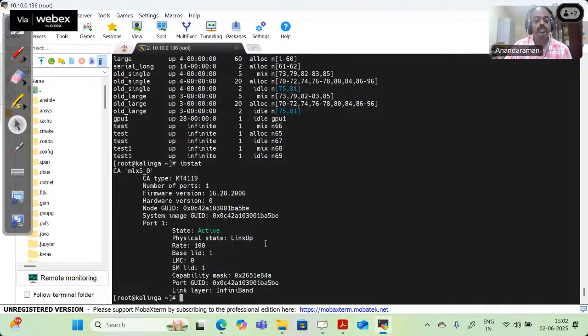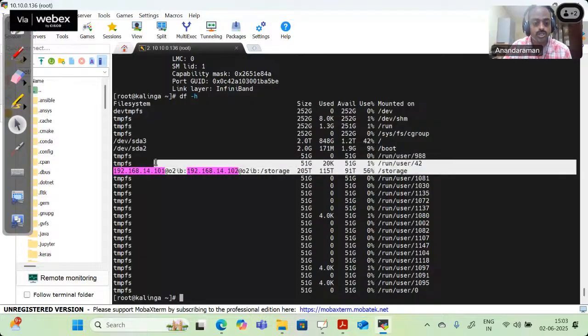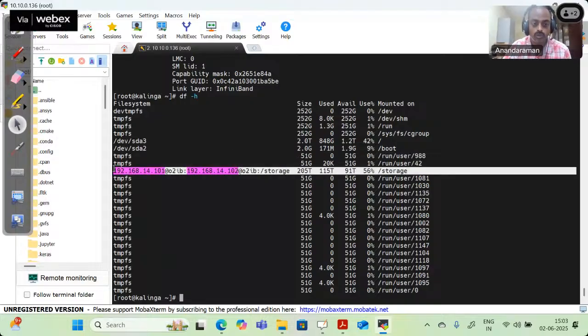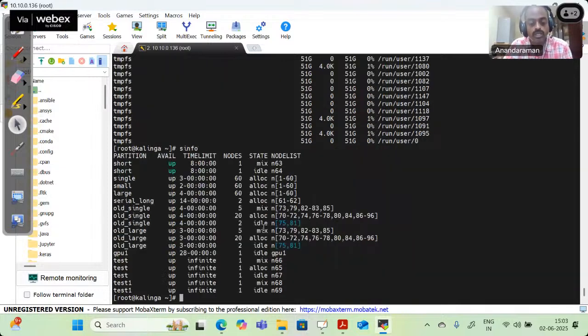And this is the storage, which is a parallel file system. This storage is mounted on all the nodes. We have 205 TB of storage. Out of that, this much is used, and this much is still available for use. So this many nodes are there.